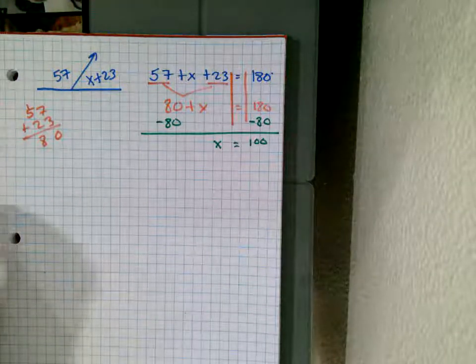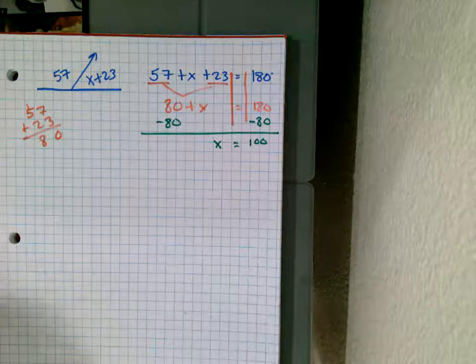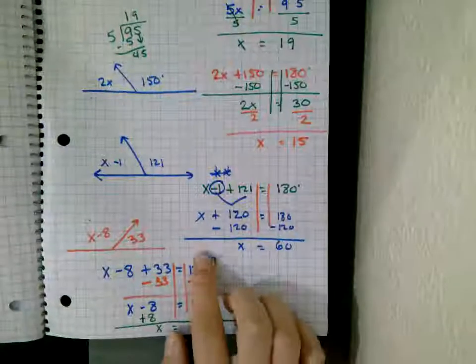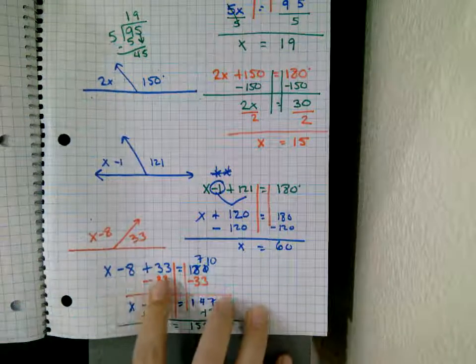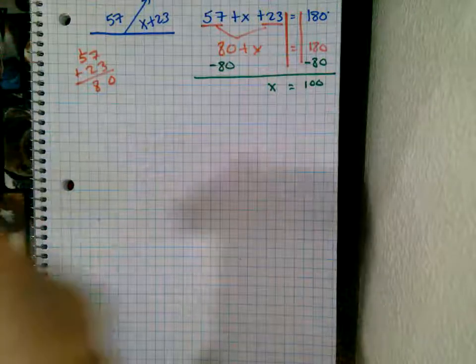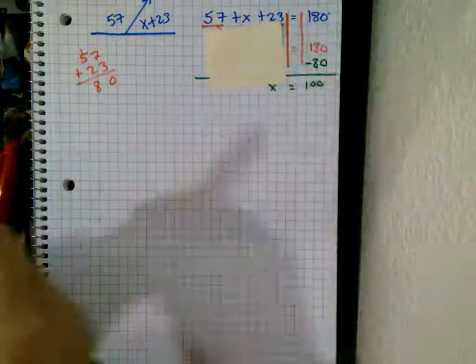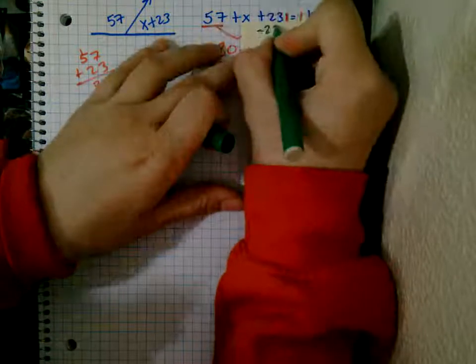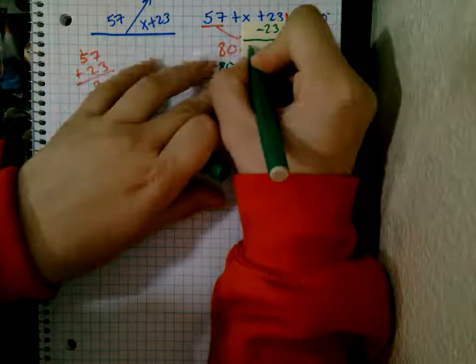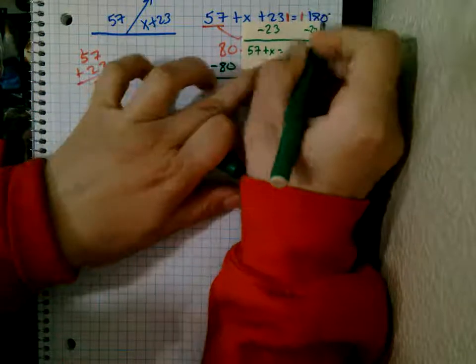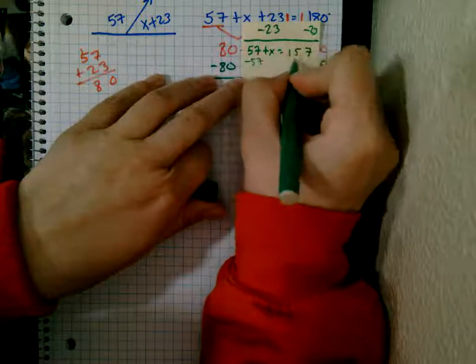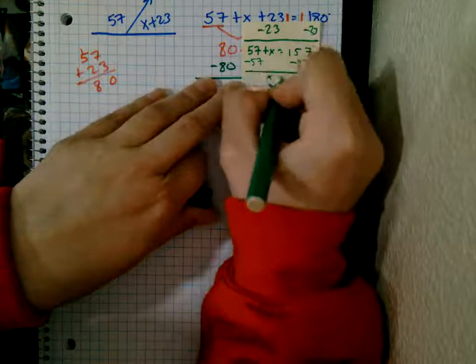Miss, do we have to do it this way, or can we do it that other way we did before? You can do it this way, where you combine them, or you can do it the longer way. If you feel more comfortable taking one number at a time, you can. Like for this one, you could have done minus 23, 57 plus x equals 157, and then minus 57, x equals 100.